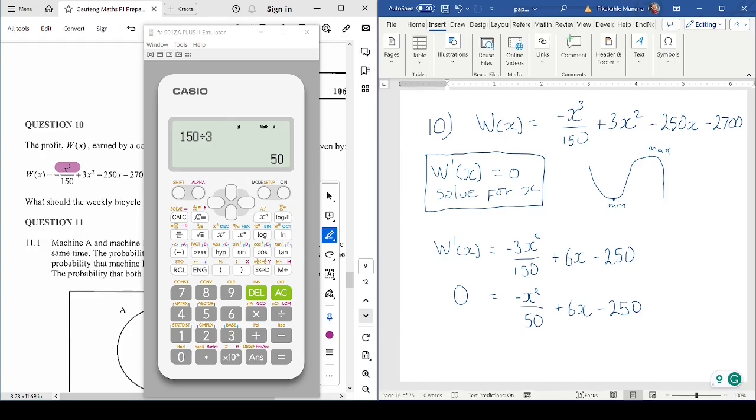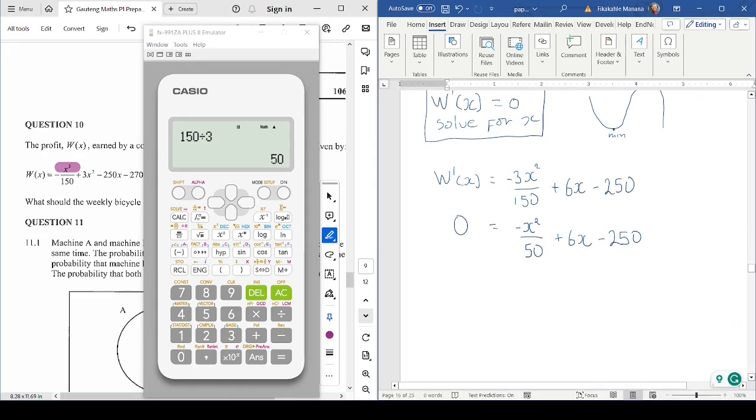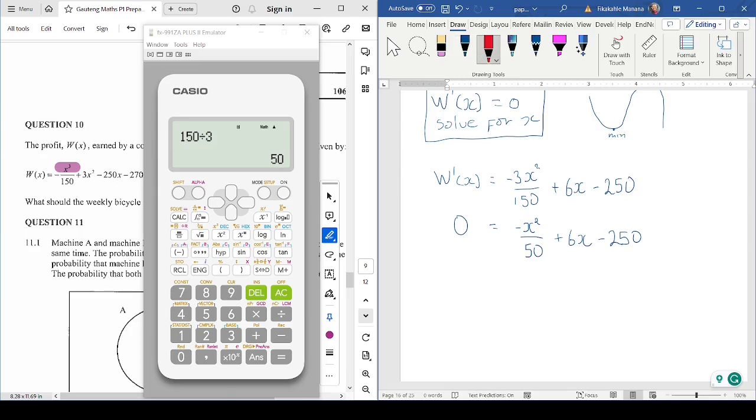Now what we have to do then is simply solve for x. Right, now let's use our quadratic formula, where that's a, that's b, and that's c.